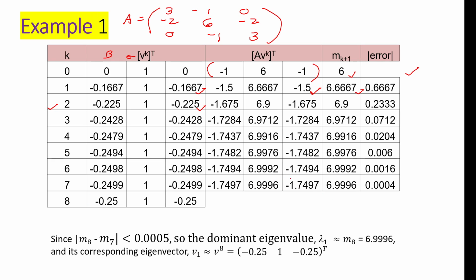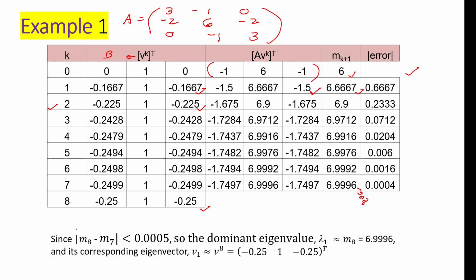So you take the max answer divided by M with the same row, meaning you take AV7 divided by M8 and you get V8 here. So then you stop here. Even when you see the error is less than epsilon, you still need to perform one more, because this value is M number 8, so you need to find V number 8.